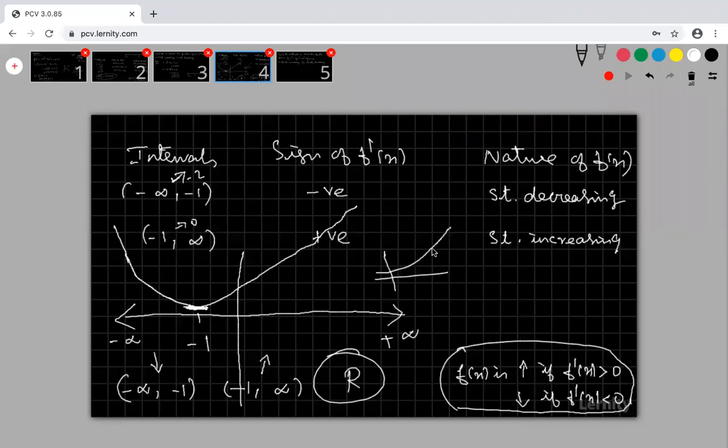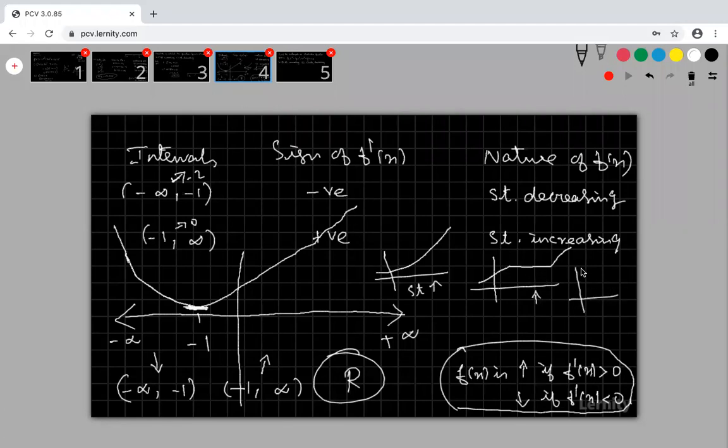Look at this function: it is increasing, then constant, then increasing. This is simply increasing because of the constant stretch, but it is never decreasing.